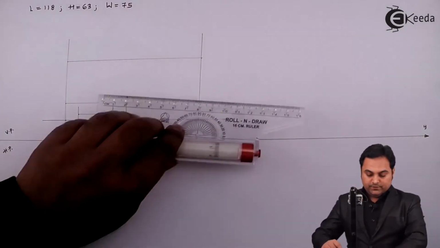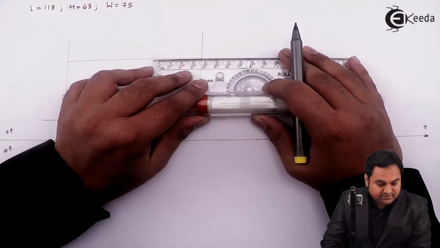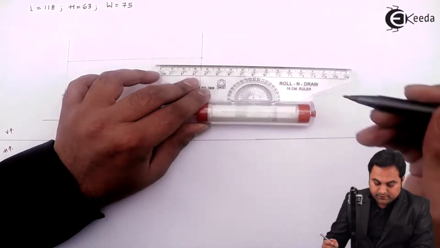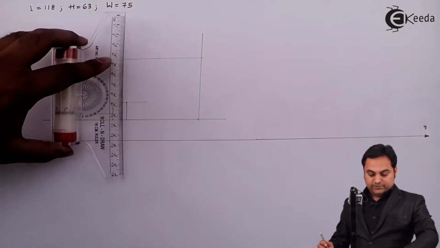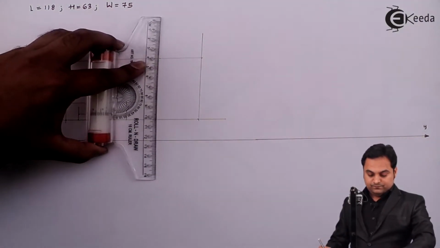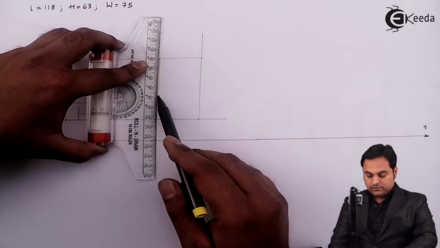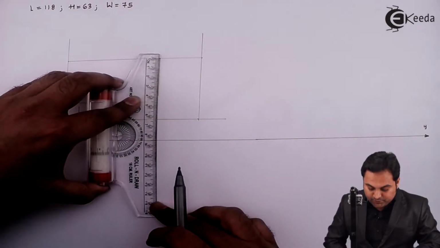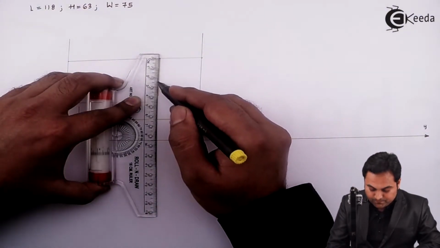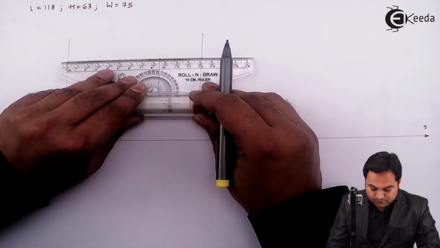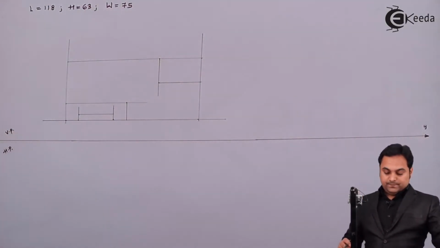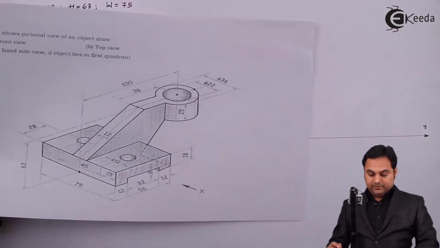So from the top, I'll measure the diameter of 36 mm, marking this 36 and drawing a light vertical line through it. Then the height is 25 mm, so measuring 25 mm over it. This is the cylinder which is visible.